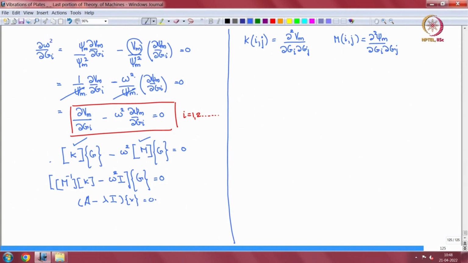So let's work this. Let's take an example of a cantilever beam.